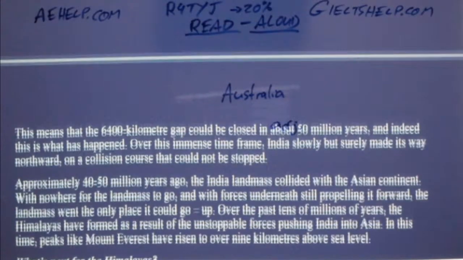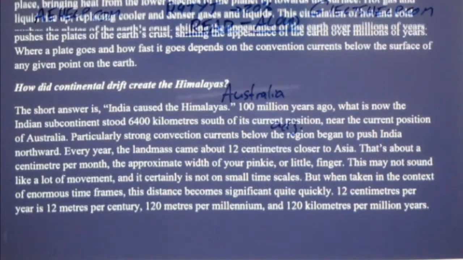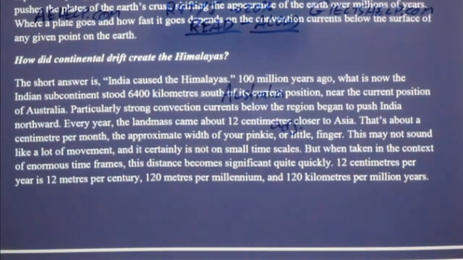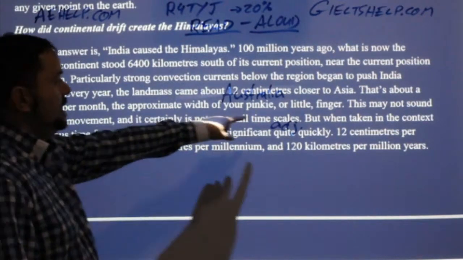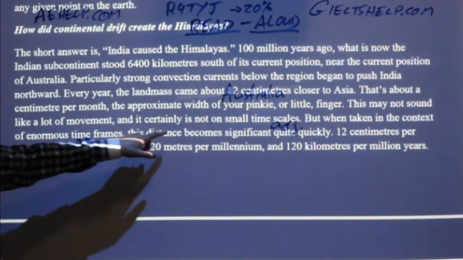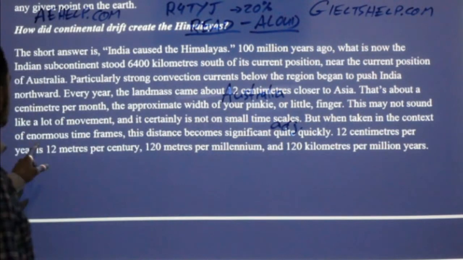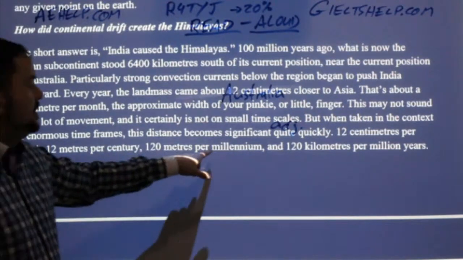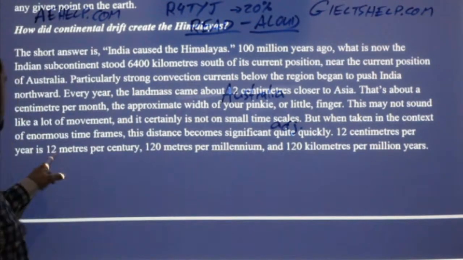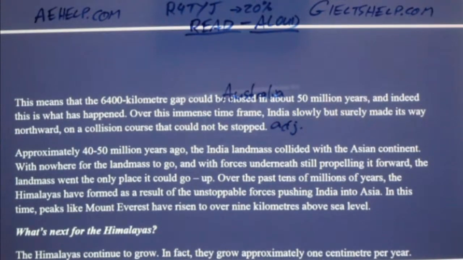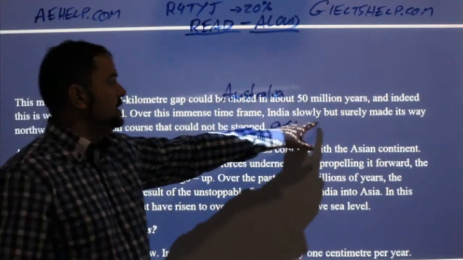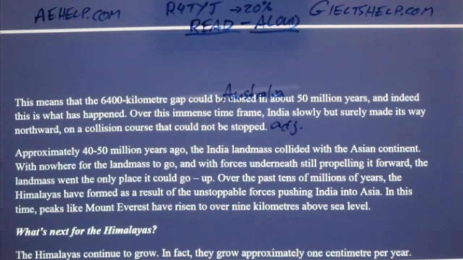I remember this was about here somewhere. Okay. So that's about a centimeter per month. This may not sound like a lot of movement, and it certainly isn't, but when taken in the context of enormous time frames, this becomes significant. The centimeters per year is 12 meters. Okay, kilometers. So over this immense time frame, India slowly but surely made its way northward and collided.